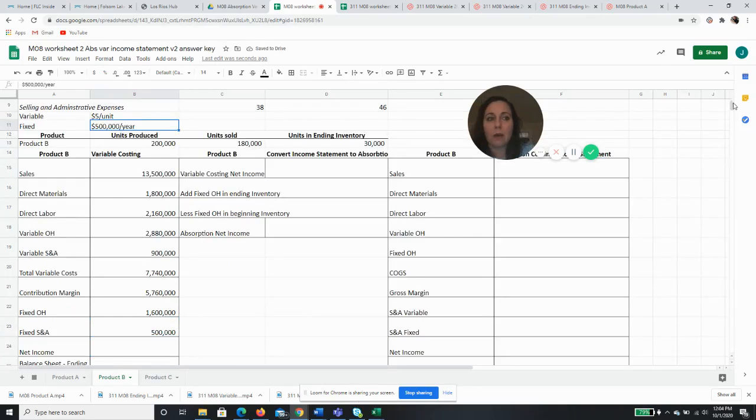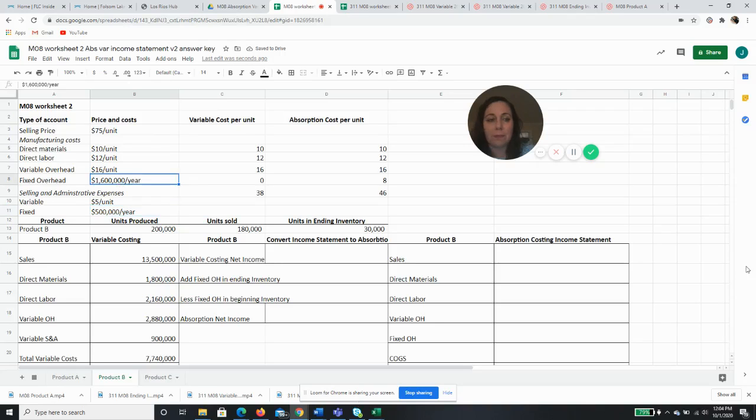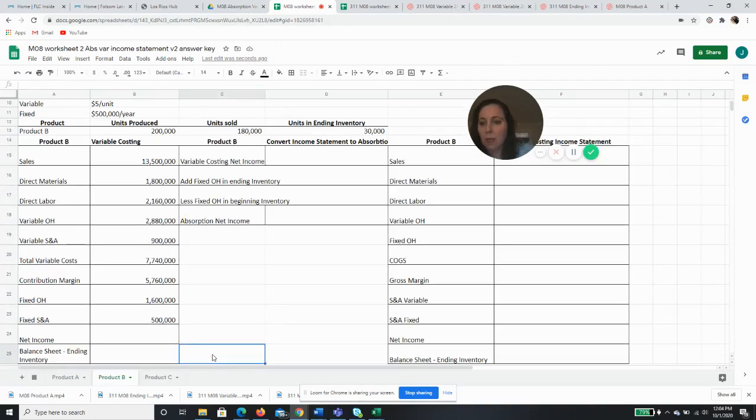Our net income then is going to be our contribution margin of 5,760,000 minus our fixed overhead of 1.6 million minus our fixed S&A of 500,000, and that gives us a net income under variable costing of 3,660,000.